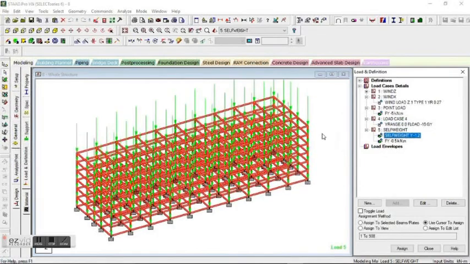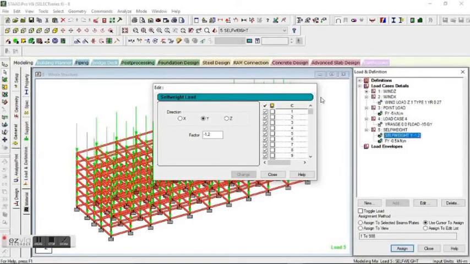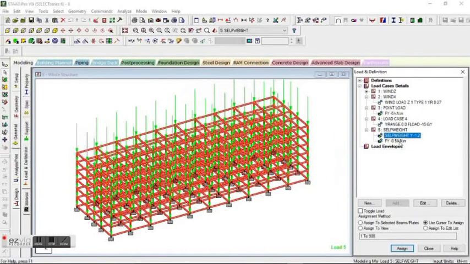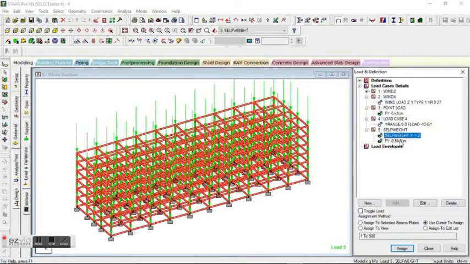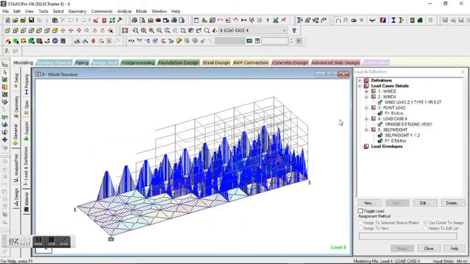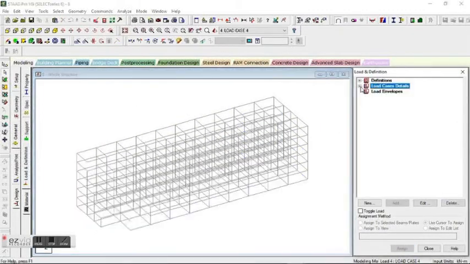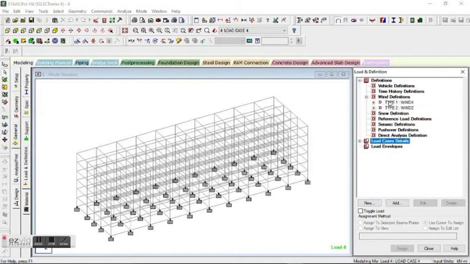The last load case is self-weight. The self-weight acting on the whole structure was installed with a factor of 1.2 acting downward, while the weight endured by all the columns is a 0.5 kN load also acting downward. So here are basically the load case details of our design.